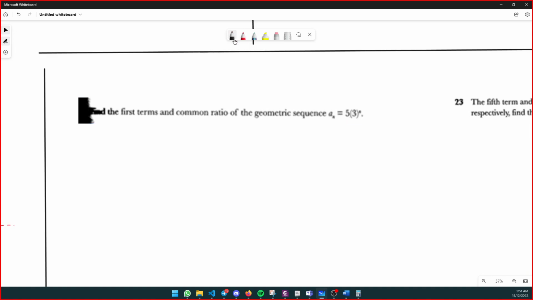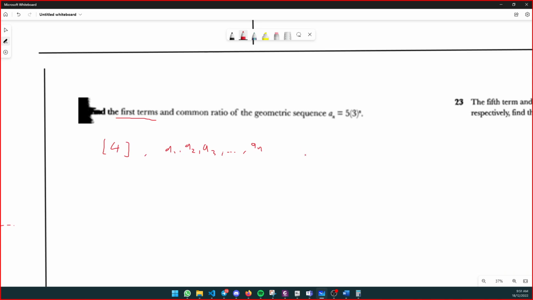As for first terms, always give 4 terms. Why 4 terms? Usually it's A1, A2, A3, then you do the dot dot dot and check. You can also give A4. No problem, but 4 is enough.